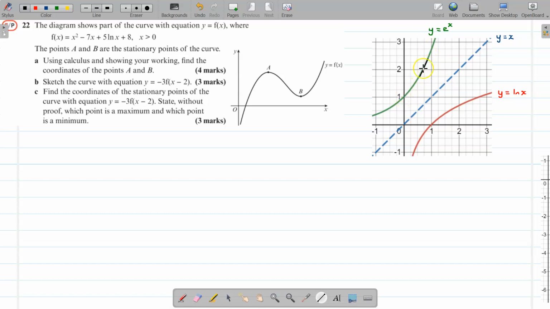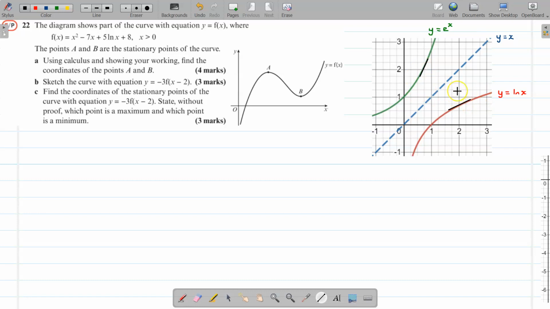Now, if the gradient of that piece of black line there is 2, then if you reflect it in the line y equals x, it would be here, and it would have a gradient of a half. So that has a gradient of 2, that has a gradient of a half.